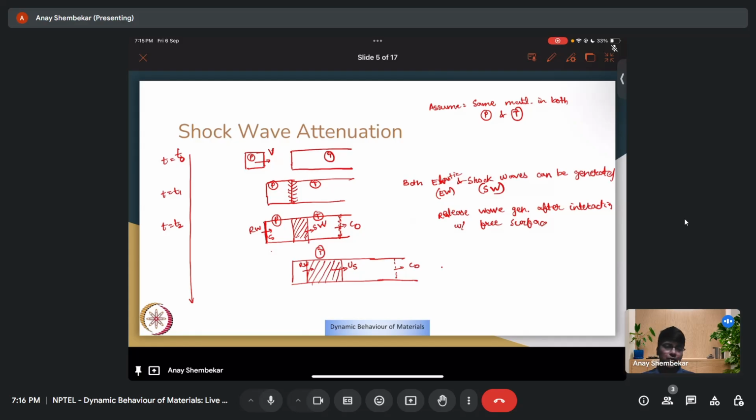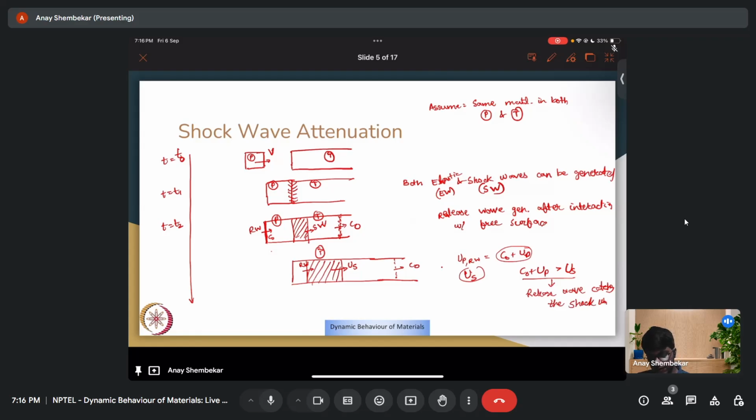When the release wave moves forward, it will have velocity c naught plus Up, and the shock wave will have velocity Us. So you will normally have c naught greater than Us, which means that your release wave catches up to the shock wave.